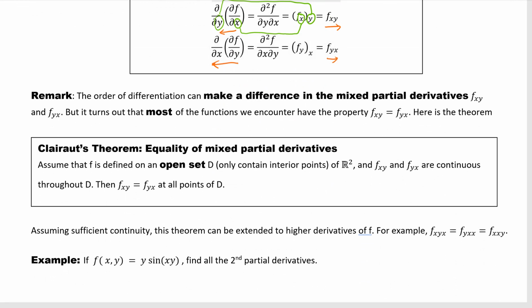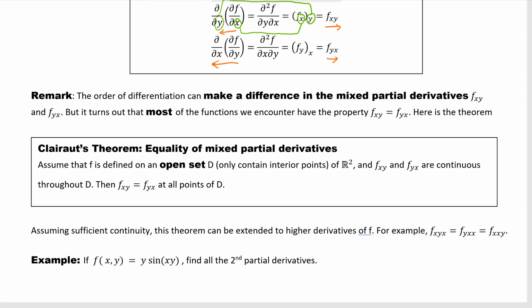Assume that f is defined on an open set D of R2, and f, and the second partial derivatives f_xy and f_yx are continuous throughout the open set D. Then the mixed partials are equal at all points of D.